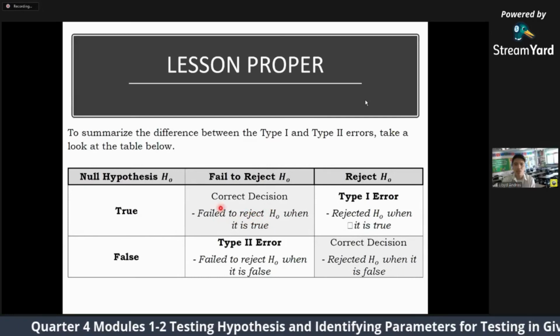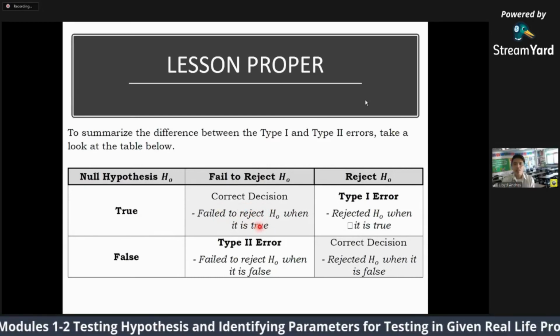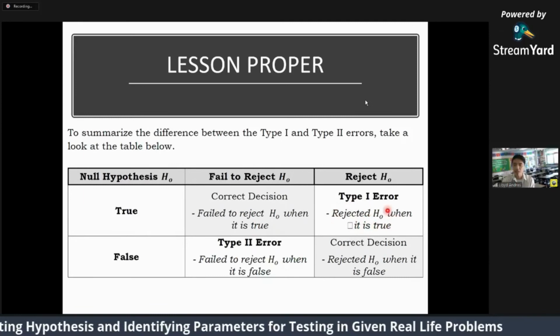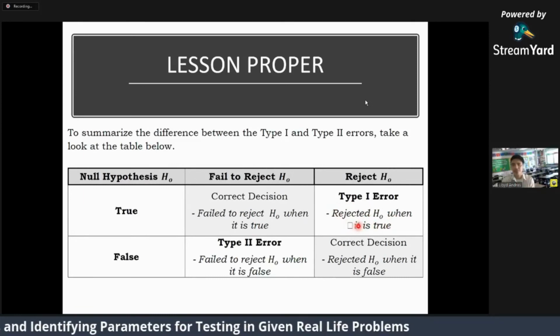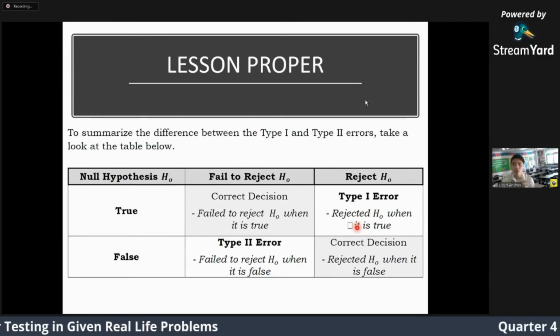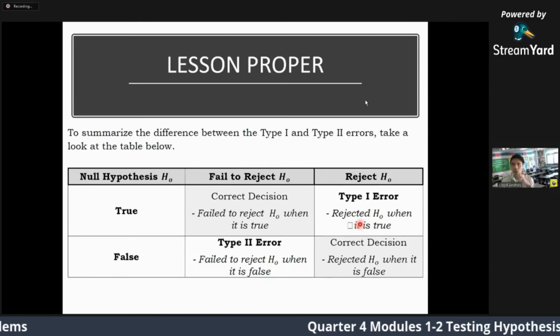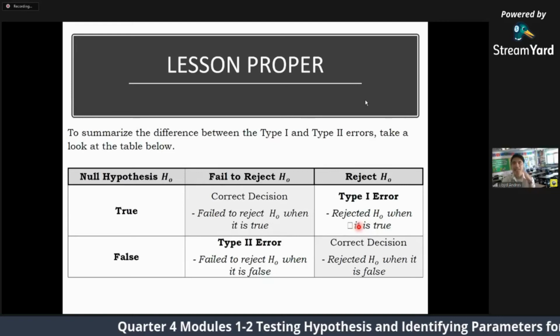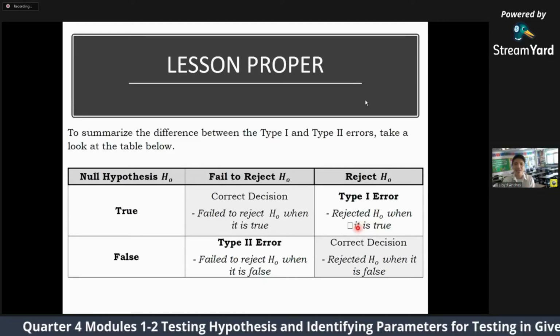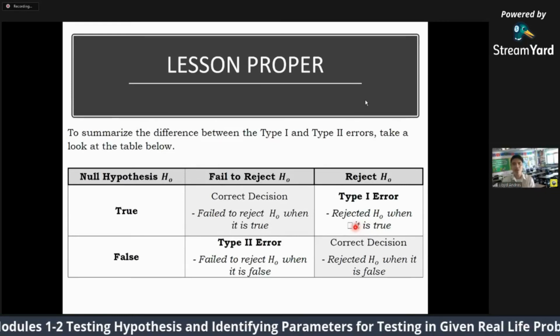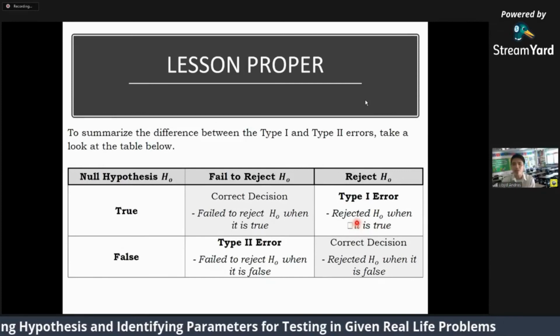So, correct imong desisyon. But, let's say pag experiment nimo nagkuha kag data, sample ra man gud imo nakuha nga data. Let's say naka-timing ka, ang nakuha nimo nga mga data is kadtong mga addict na gyud sa internet, na timingan lang. So meaning mag-reject gyud nimo si null hypothesis.